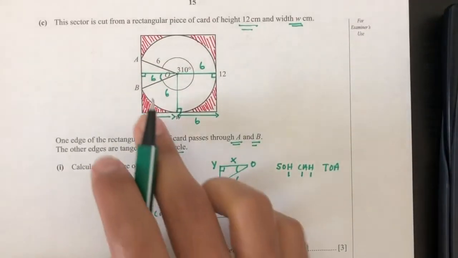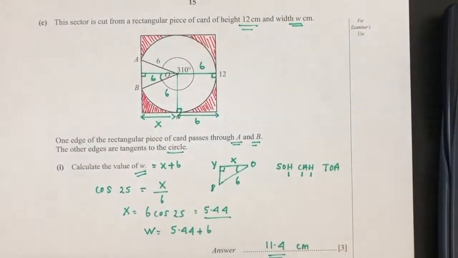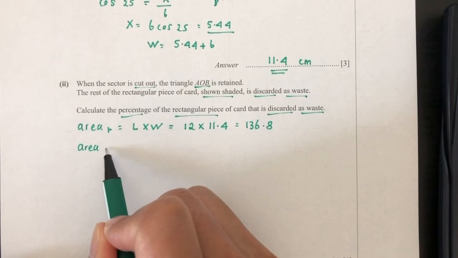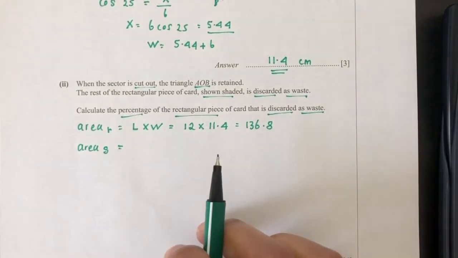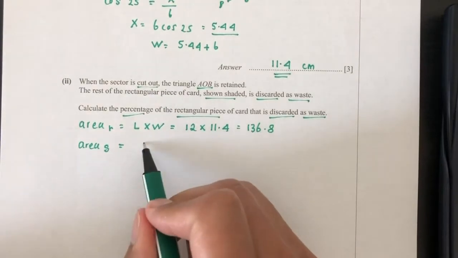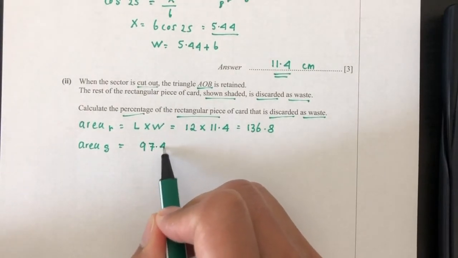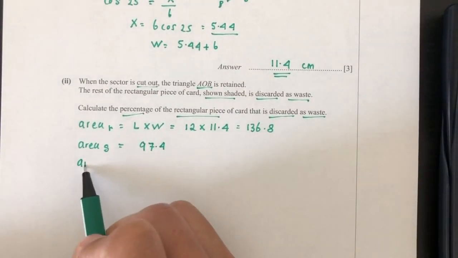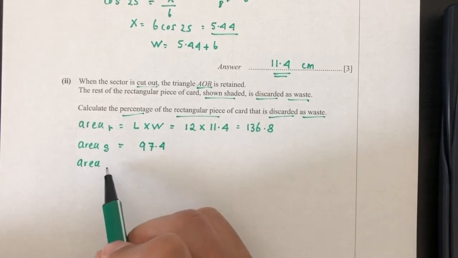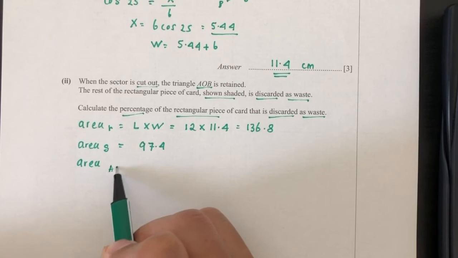Now you have to take off the area of the sector, which we found in part B, which is 97.4. Now what is the area of triangle AOB?